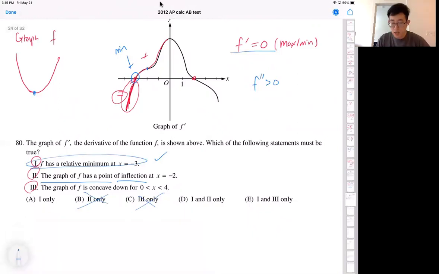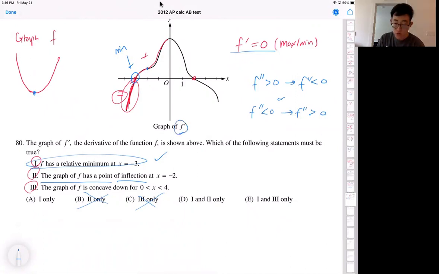We're talking about the second derivative, because the point of inflection is where the second derivative, the acceleration, turns from negative into a positive or vice versa. So when the second derivative changes its sign, that's where your point of inflection is going to happen.